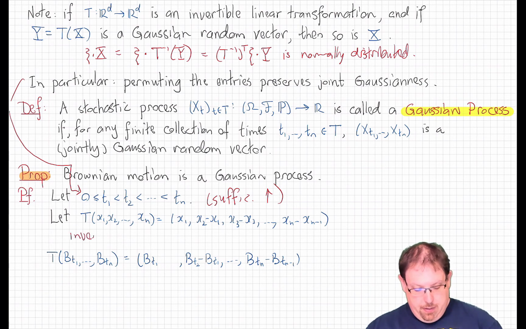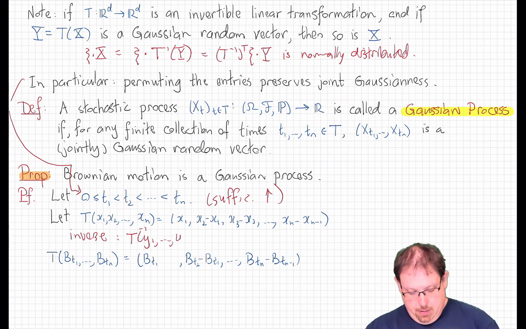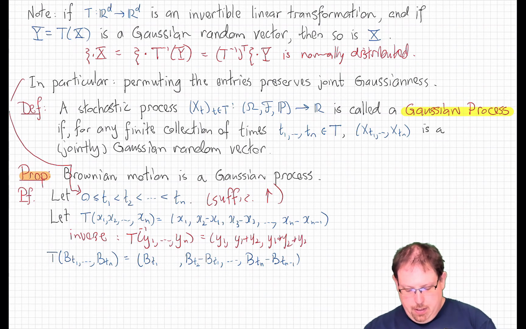You can write out its inverse explicitly, and we've used this before. T inverse at y1 through yn is equal to y1, y1 plus y2, y1 plus y2 plus y3, all the way up to the last entry being the sum of all of the y's.